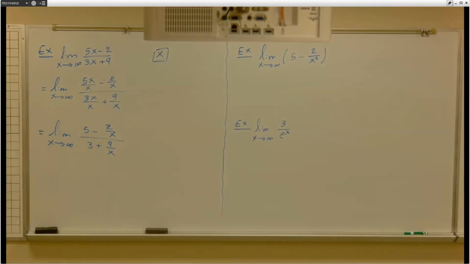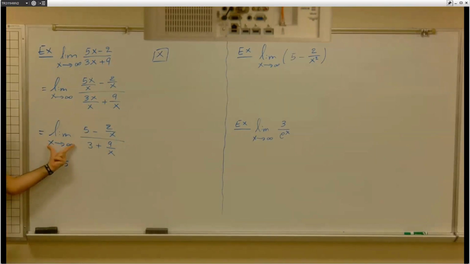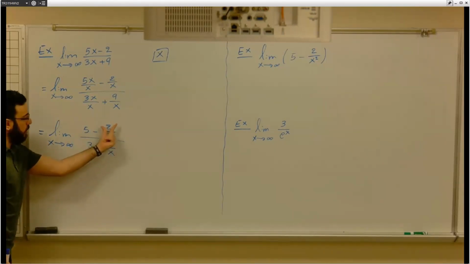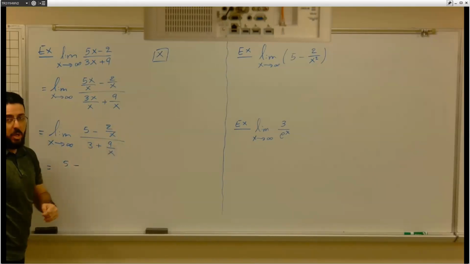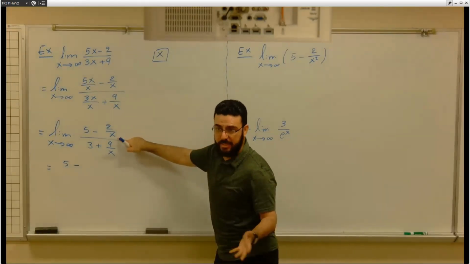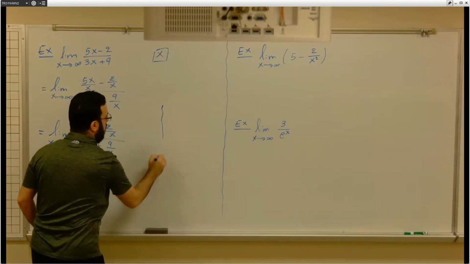Now, the limit for a constant is still the constant. The limit for 2 over x is minus the limit for 2 over x. I already know the limit for 1 over x is 0. So what are you doing here?